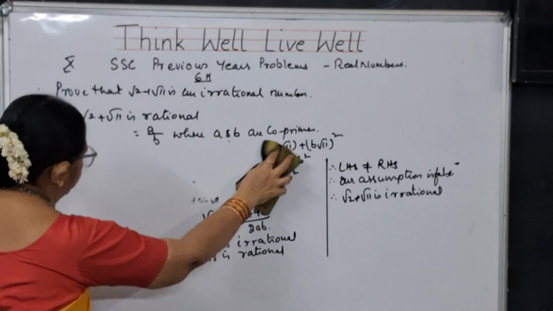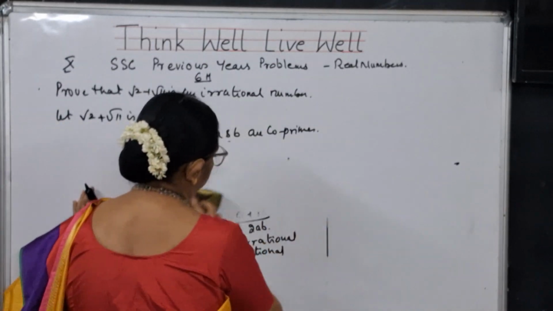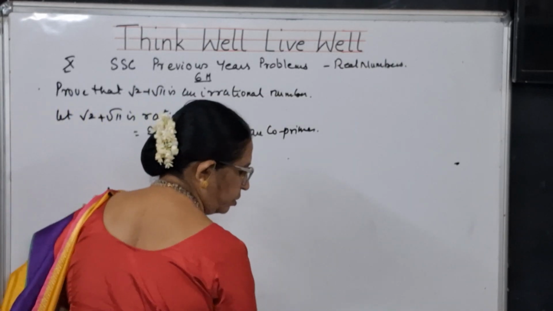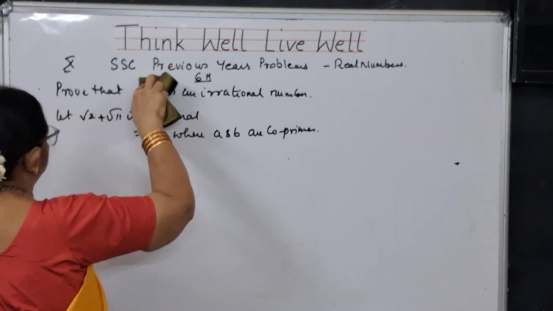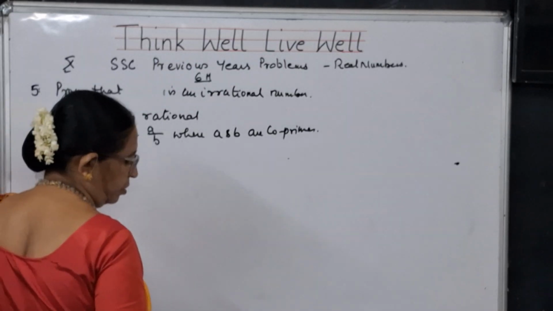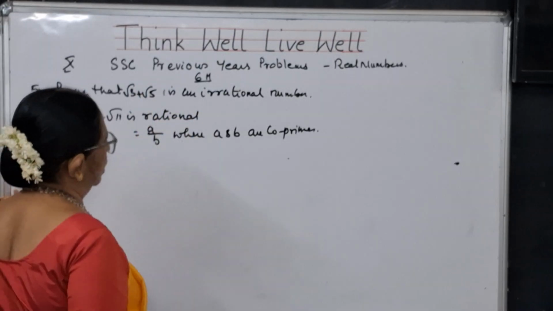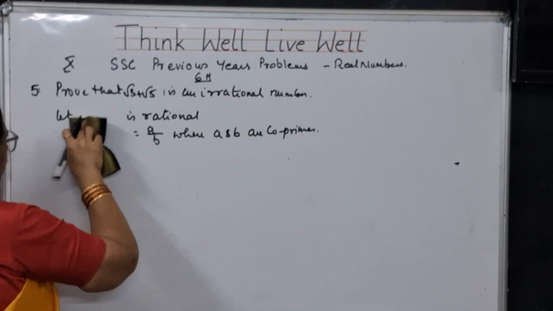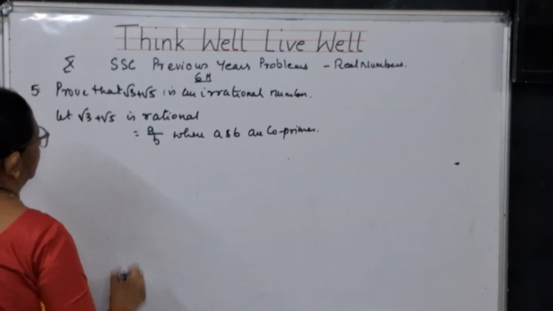Now, let me go to the next problem. The next problem is also of the same type. You have to prove that root 3 plus root 5, this is the fifth sum, is an irrational number. So let us suppose that root 3 plus root 5 is rational.